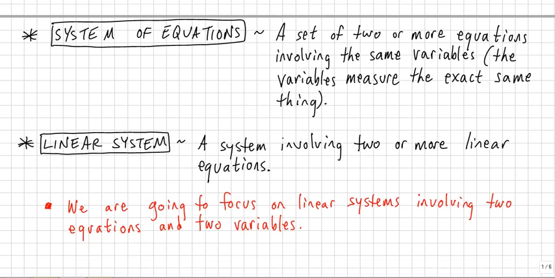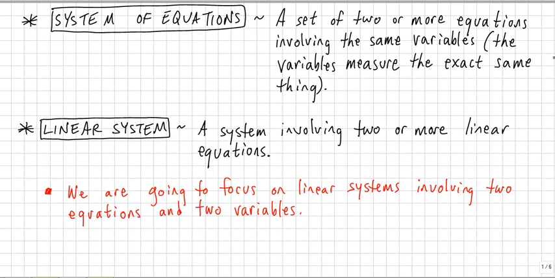Before we can talk about how to solve systems of linear equations in two variables, we need to know what a system of equations is. Mathematically, when we say a system of equations, we're talking about a set of two or more equations that involve the same variables.